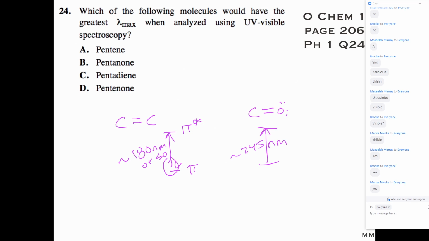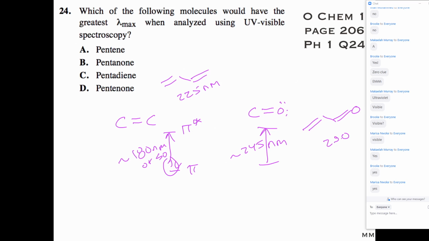Okay, sounds reasonable. If we have conjugation, it ends up around 225 nanometers. We have conjugation here, it ends up around 290 or so. So it goes up, I'm going to say around 45. This one is actually a little bit more than 45.